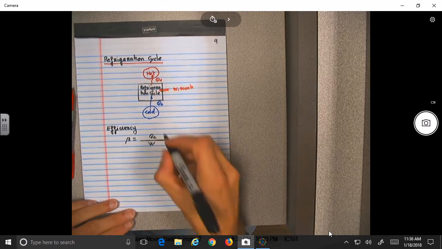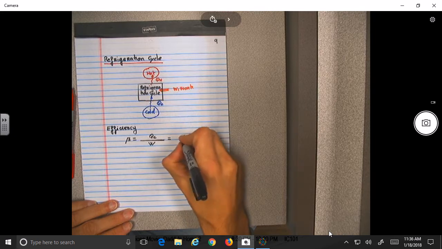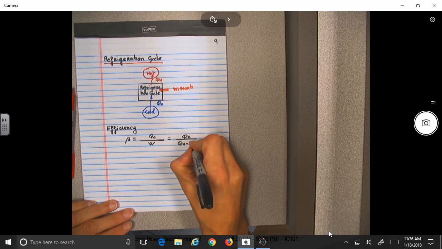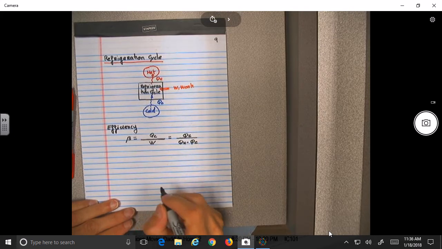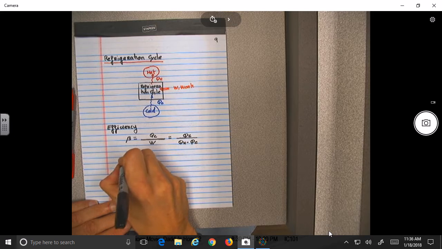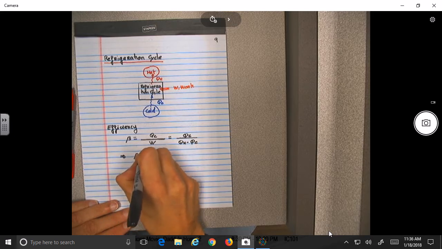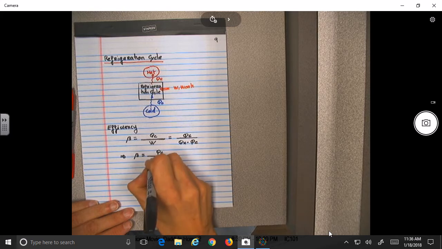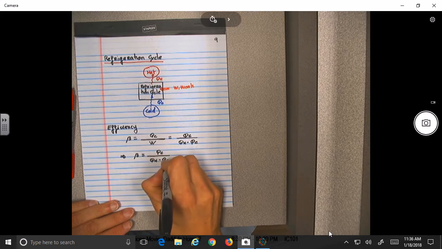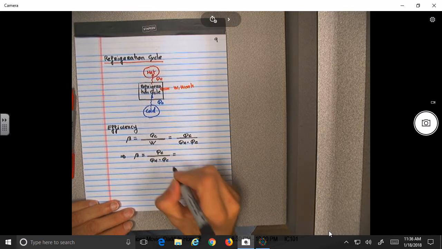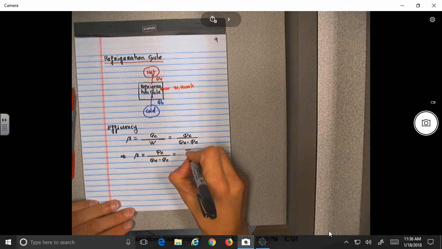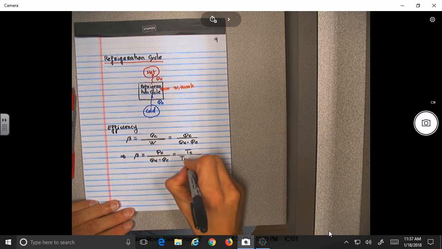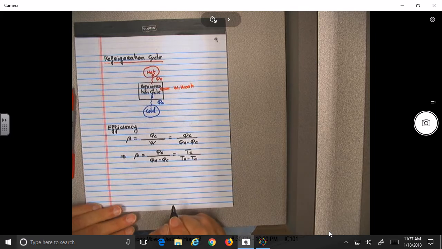Alright? So if we do the same thing as before, this will be equal to Q cold divided by what? Q hot minus Q cold. Or the same thing we derived later on. We're not going to derive this one, but you could derive that this should be equal to T cold over T hot minus T cold.